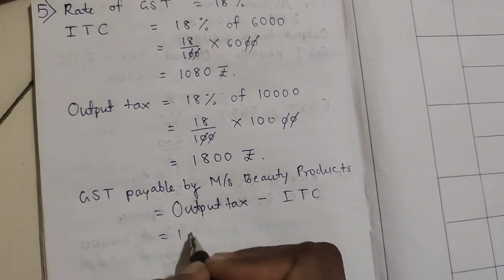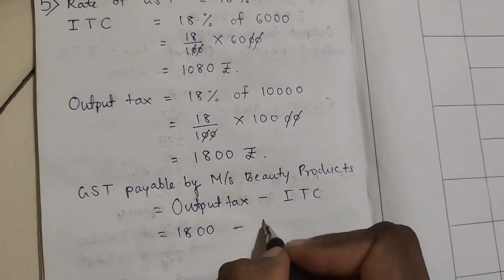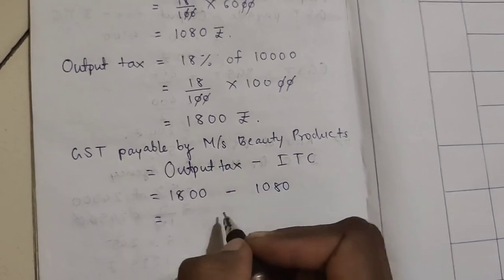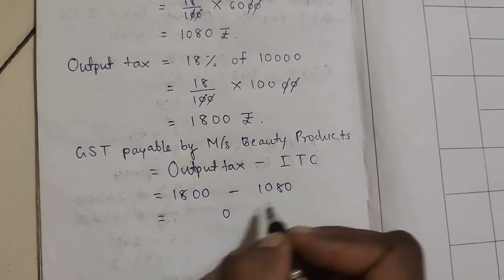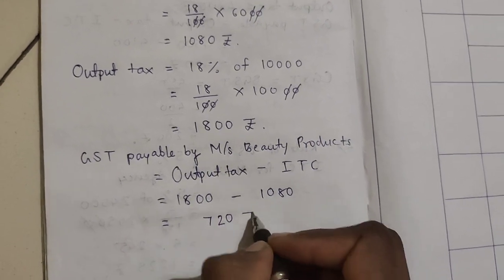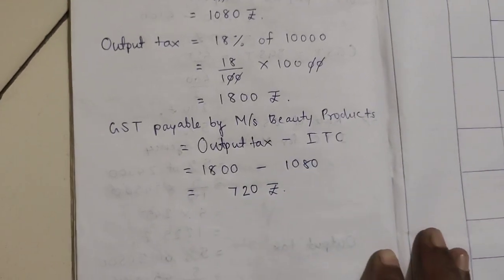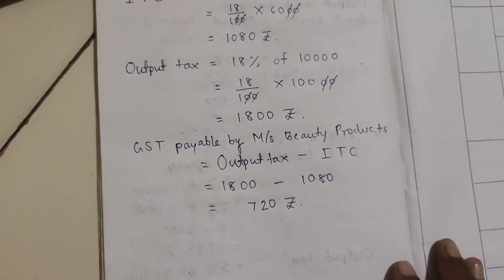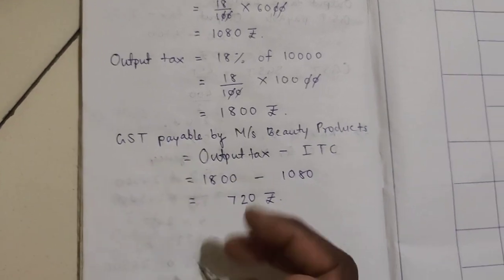So this becomes 1800 minus 1080. Now let us do subtraction. 0 minus 0 is 0, 10 minus 8 is 2, 7 minus 0 is 7. So 720 rupees is the amount which is supposed to be paid by MS Beauty Products as GST.